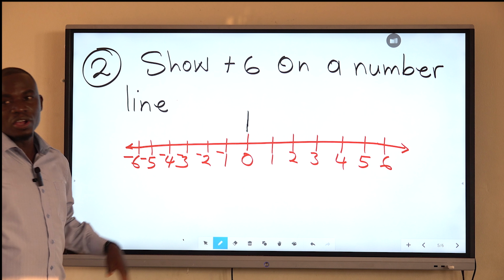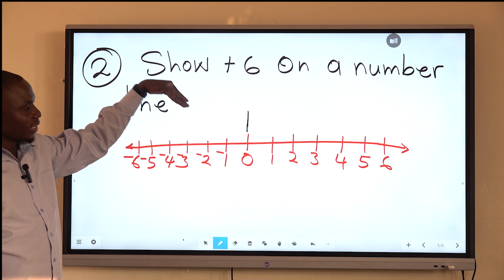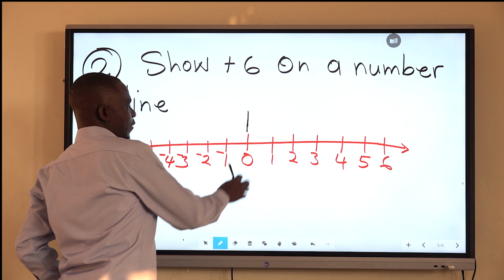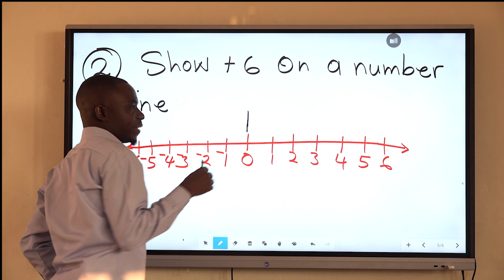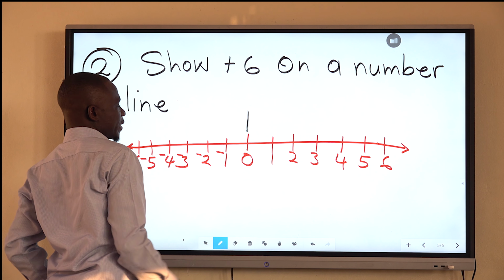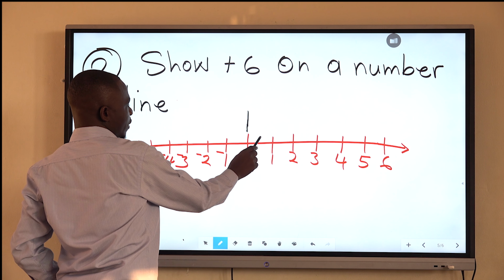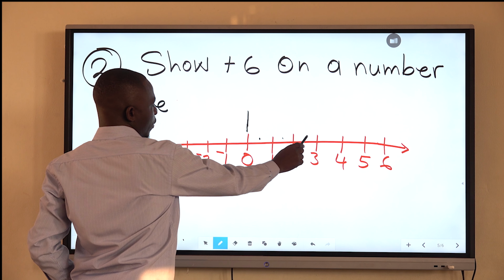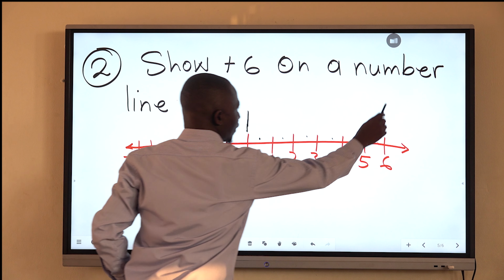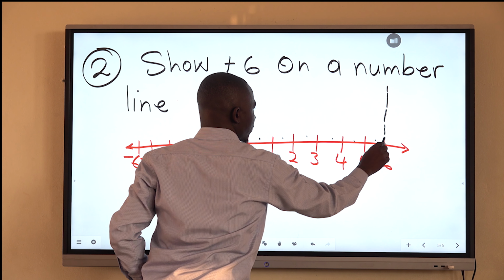Now I'm going to count the 6 steps using the second method. Like for example, if you don't want to count like the previous example, you can also count the spaces. Let's count the spaces. Like this is 1, 2, 3, 4, 5, 6. So the 6 comes to this point.